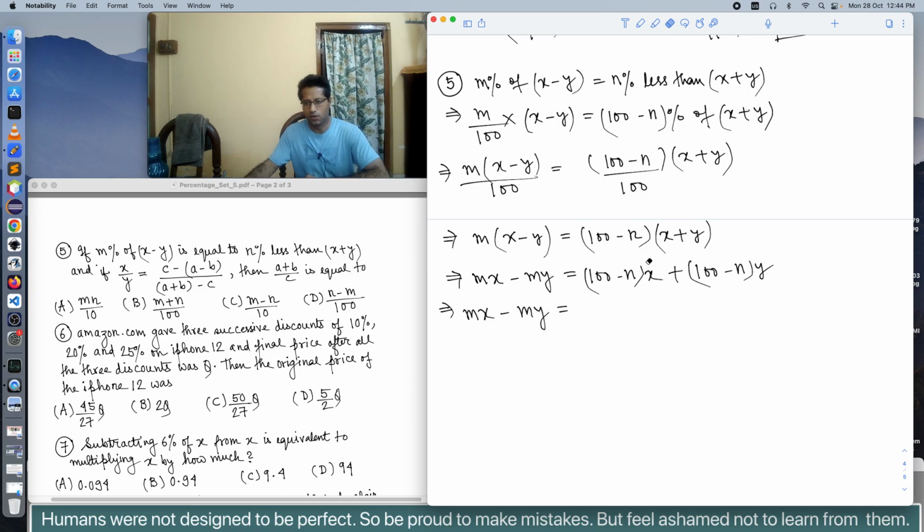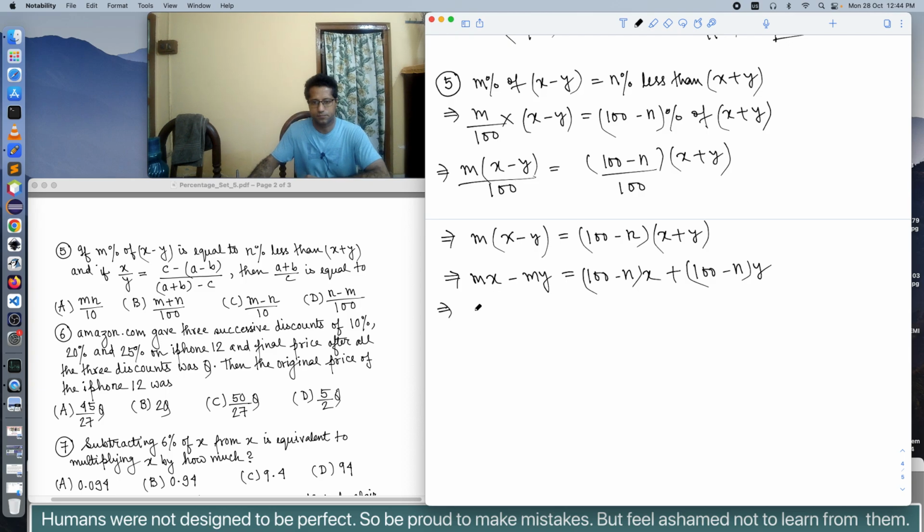We will actually bring all the x terms to the left hand side and all the y terms to the right hand side. So if we do that, we have mx minus 100 minus n into x is equal to my plus 100 minus n multiplied by y.